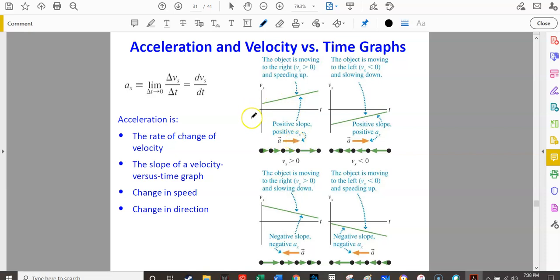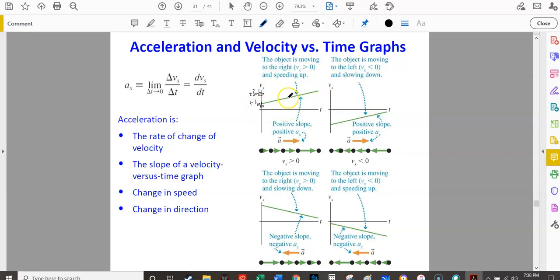Okay, so this object, since its velocity vector, all its data points are in the positive part of the graph. It starts out here at, let's just say, positive 1 meters per second. Now it's going positive 3 meters per second. Then you could say that it's speeding up in the positive direction.